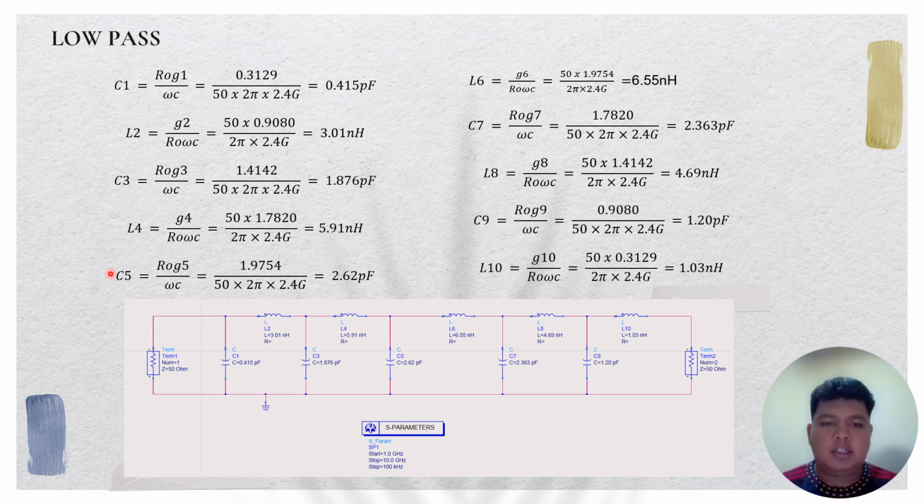Same for the other capacitances, we just use Rho times G over omega C according to the G value in the table given. For the inductance part, we use G over Rho times omega C, so we get the answer 3.01 nanohenry. For the Rho, we assume 50 ohm. So this is the circuit that has been designed according to the calculated values of capacitance and inductance.